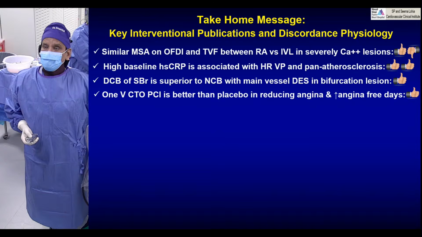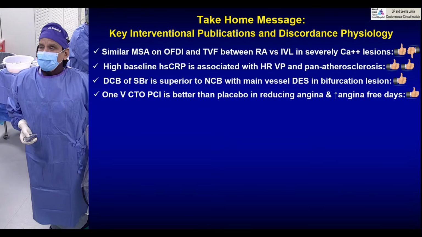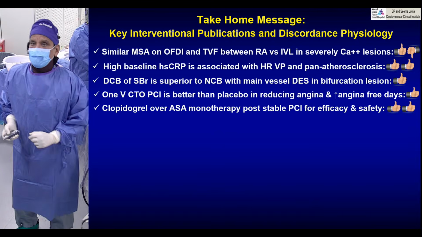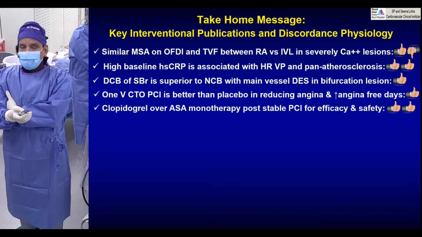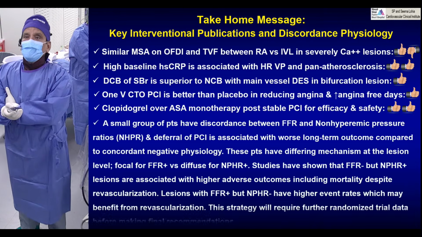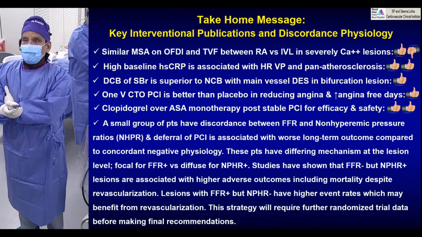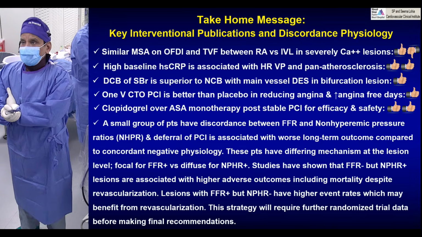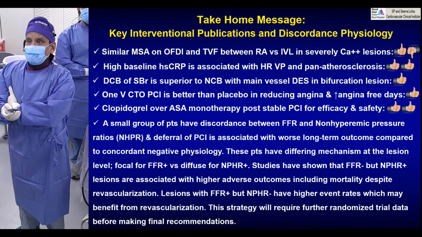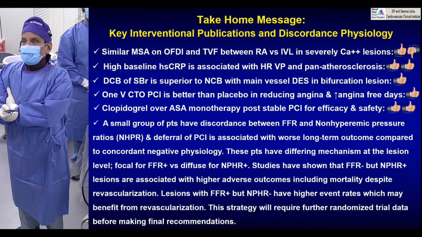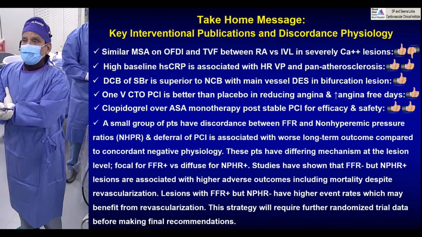One vessel CTO PCI is better than placebo in reducing angina and increasing angina-free days. And lastly, clopidogrel or aspirin monotherapy post-stenting is comparable for efficacy and safety. So two thumbs up. Then in the small group of patients who had discordance between FFR and non-hyperemic pressure ratio, deferral of PCI is associated with worse long-term outcome compared to concordant negative physiology.